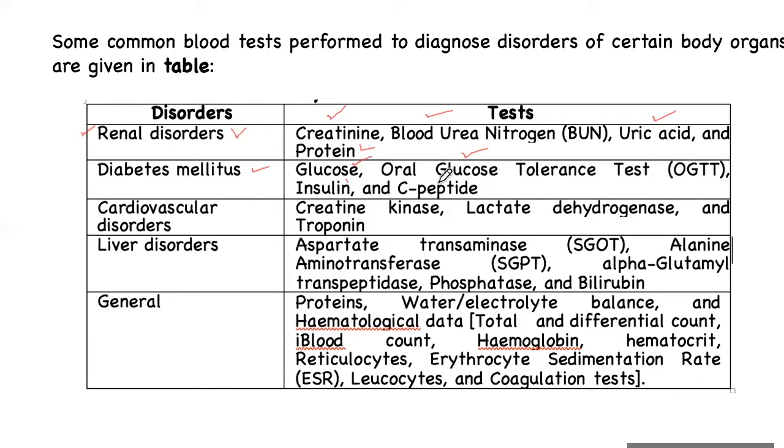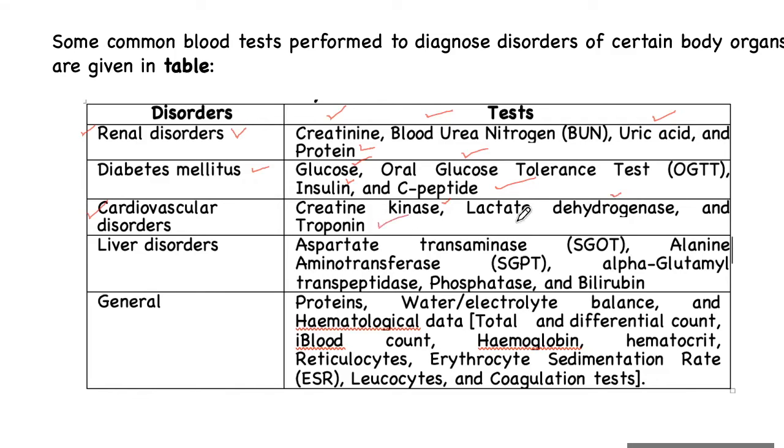Likewise, you can measure insulin level. We'll see this in detail when I give you notes to study. There you will come to know that an increase in insulin indicates a certain type of diabetes, and a decrease in insulin indicates another type. Likewise, you can go for the C-peptide test, which also gives a very good indication about glycemic status. Then, in case of cardiovascular disorder, there are different tests like creatine kinase, lactate dehydrogenase and troponin.